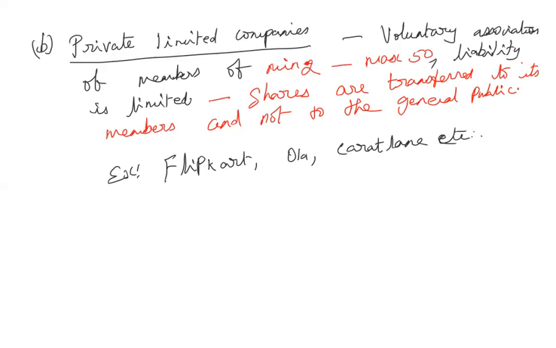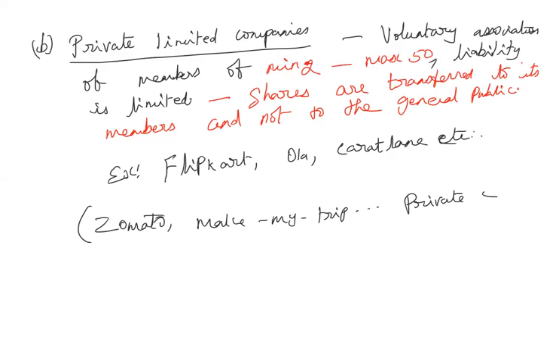And there are some companies which started as private limited companies, and over a period of time have issued their shares to the general public, for example Zomato and Make My Trip. Initially they started as private and they have become public.